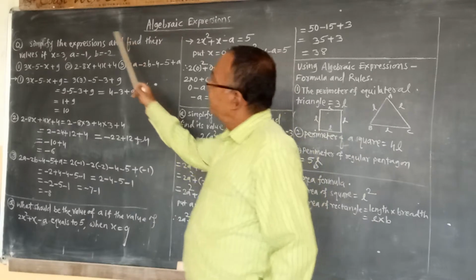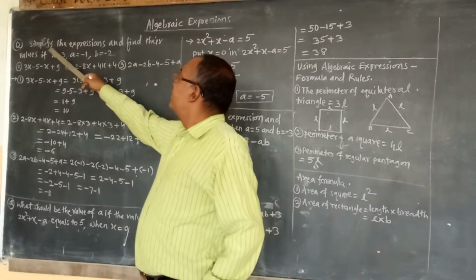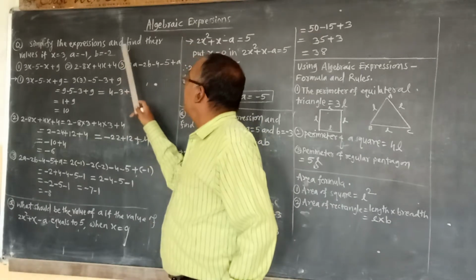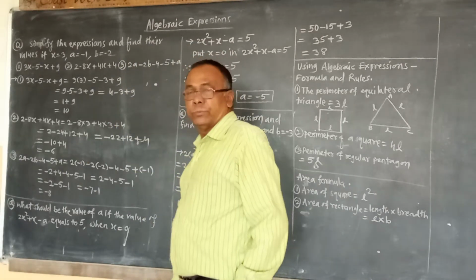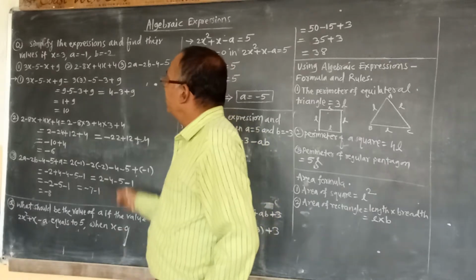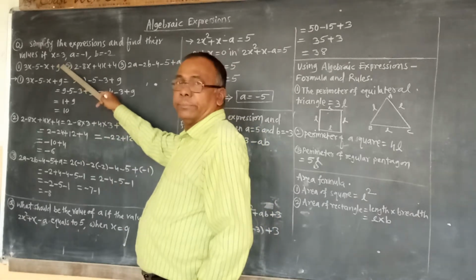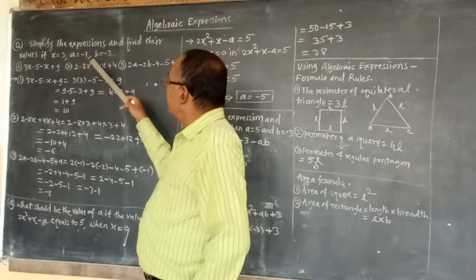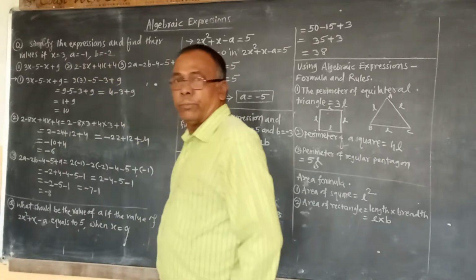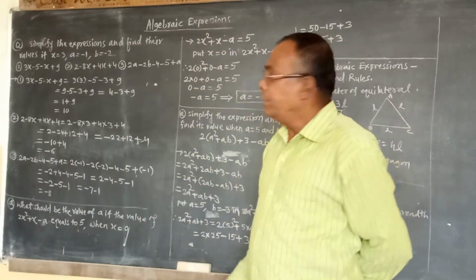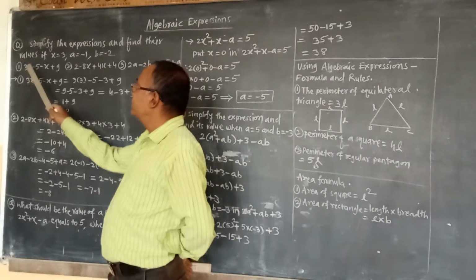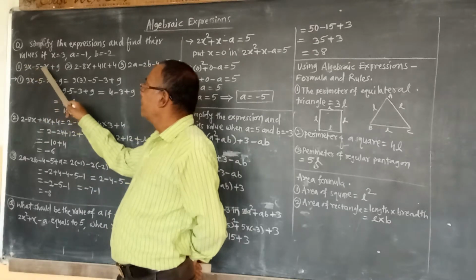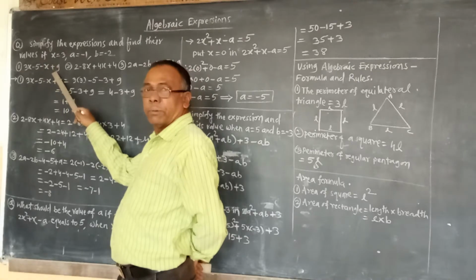The first question is: simplify the expressions and find their values, if x is equal to 3, a is equal to -1 and b is equal to -2. The given expressions are: the first is 3x minus 5 minus x plus 9.